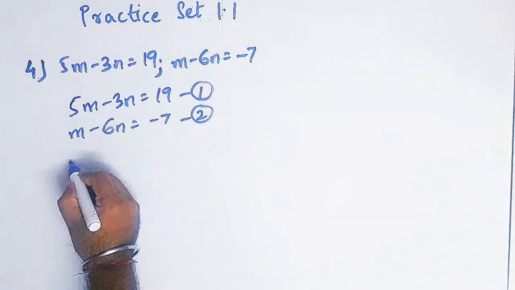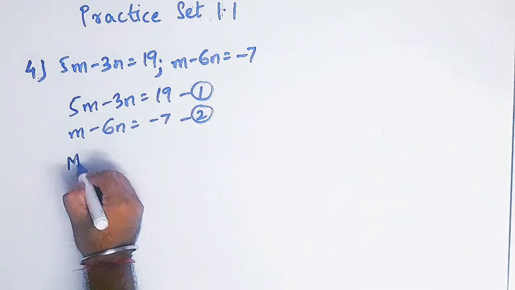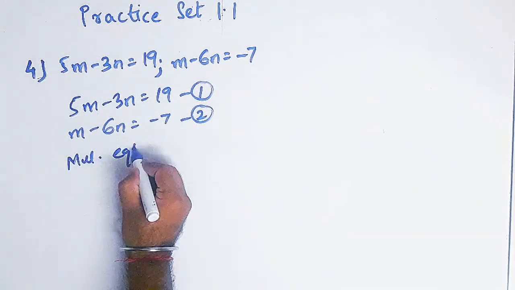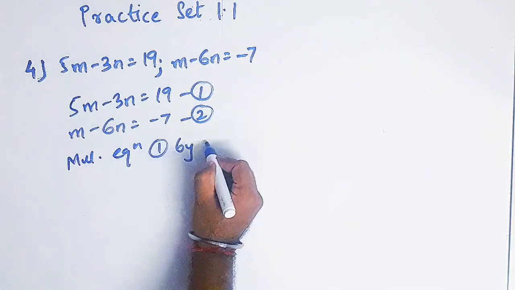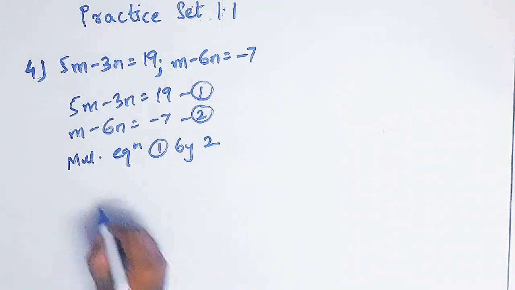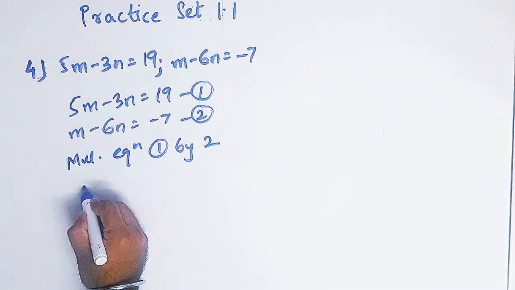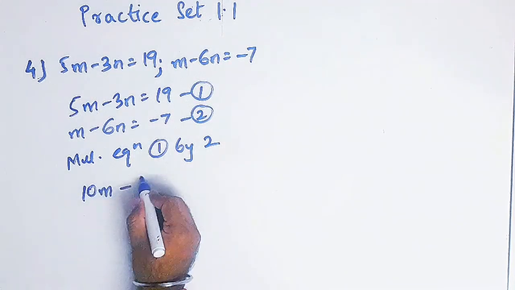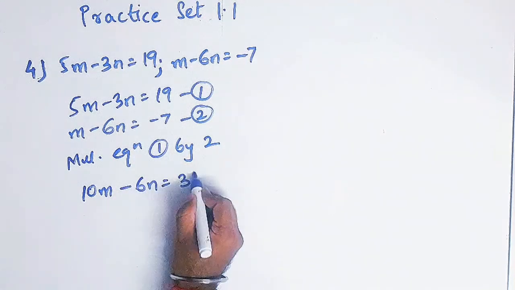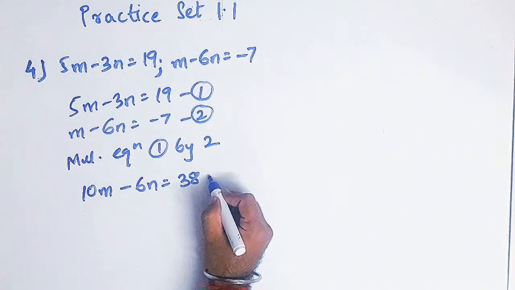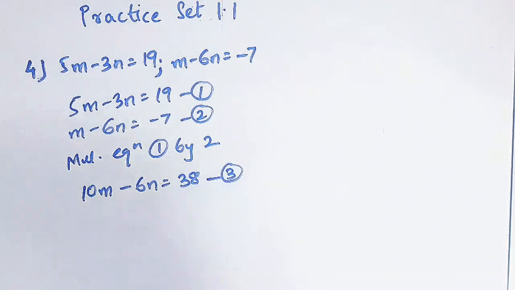So what I'll do is multiply equation 1 by 2. So what will we get? We'll get 10m minus 6n equals 38. This is equation number 3.